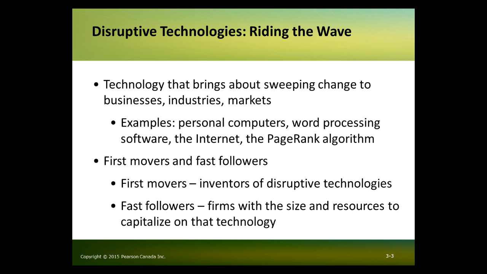Then we did mention disruptive technologies in a previous chapter, but here we are back again looking at disruptive technologies. Disruptive technologies not only disrupt the consumer market in general, but business specifically, because it's businesses that adopt these technologies. For example, when personal computers first came out, when word processing software first hit, when the internet, when PageRank by Google first came out, all of these were considered disruptive technologies.